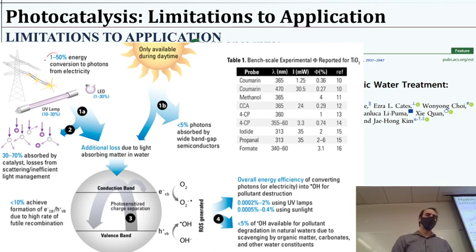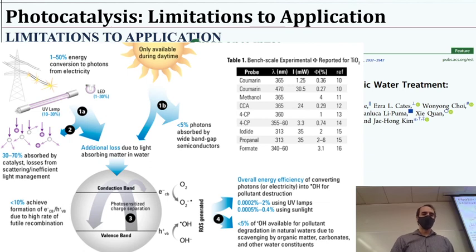We have some efficiency drop from converting the electrical energy and sending it down the system, from the power plant, from whatever, combustion or whatever is generating the power, through the lines to the lamp. Then the lamp is only so efficient, or the LED, and then your catalyst is only absorbing so much. Could also just use sunlight, perhaps. So how many of those photons are absorbed in that case?